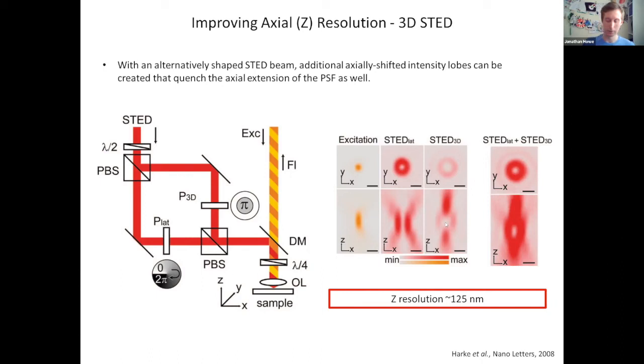So what that acts to do is squeeze the emission volume down in Z. So what this enables us to do is actually tune the amount of light we send down each of these two paths, such that we squeeze the emitting volume in X, Y, and Z, and we can even achieve an isotropic resolution of, say, 125 nanometers or so.